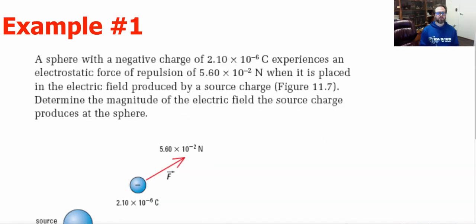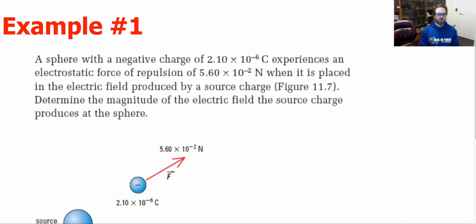Let's take a look at my first example. I have a sphere with a negative charge of 2.1 times 10 to the negative 6 coulombs that experiences an electrostatic force of repulsion of 5.6 times 10 to the negative 2 newtons when it is placed in an electric field produced by a source charge. Determine the magnitude of the electric field the source produced at the sphere.